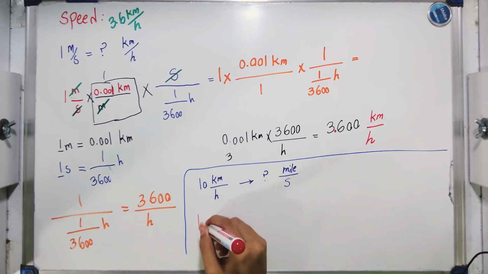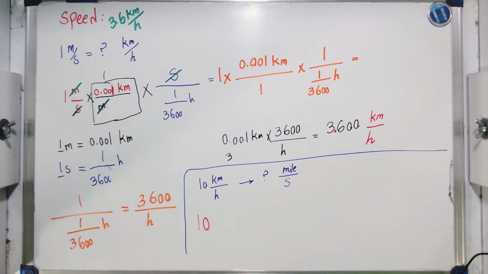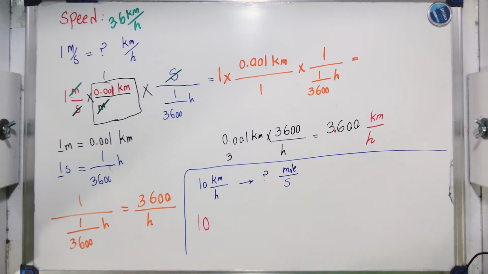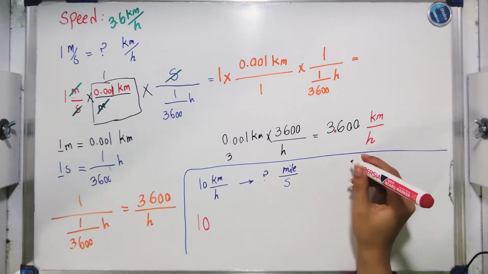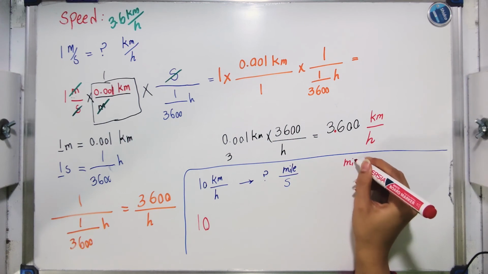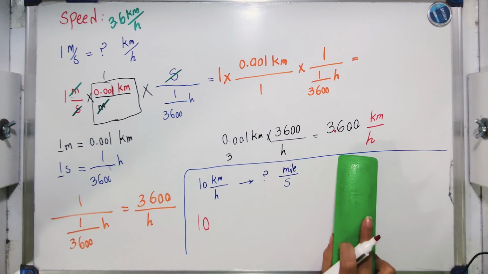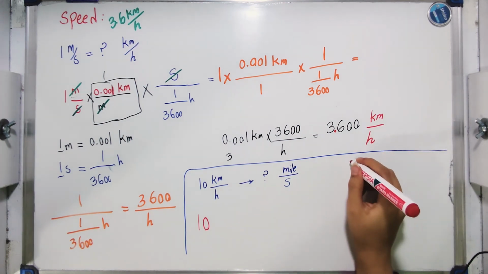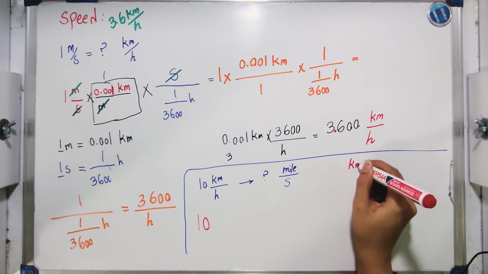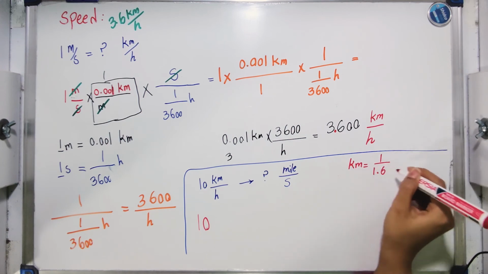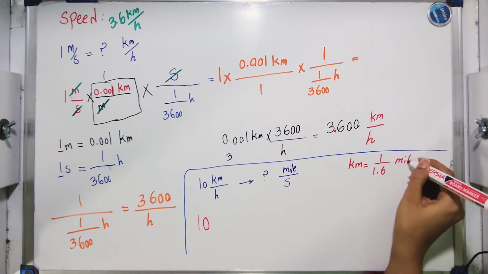Keep 10. Instead of kilometers, write its mile value. You know that every kilometer is equal to 1.6 miles.